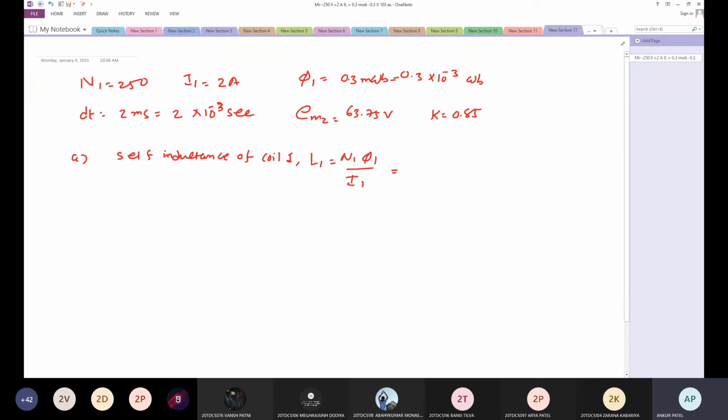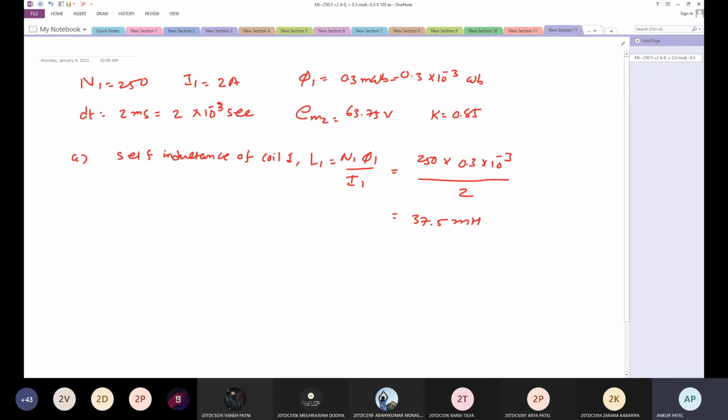So what you are getting? 3.75 into 10 raised to minus 2. Okay, or I can write in other way in terms of millihenry, 37.5 millihenry.